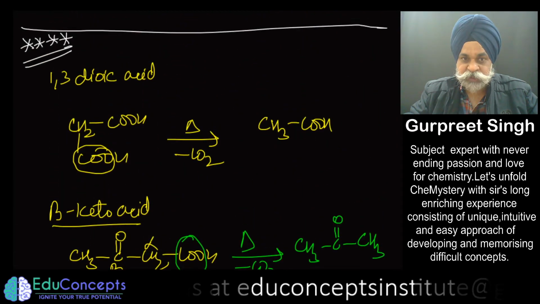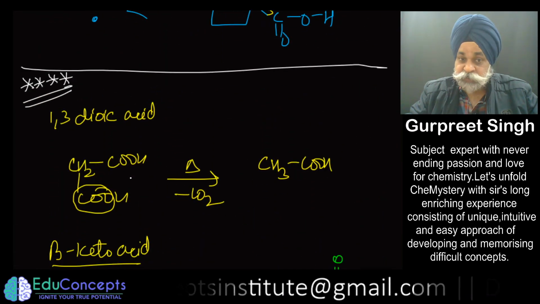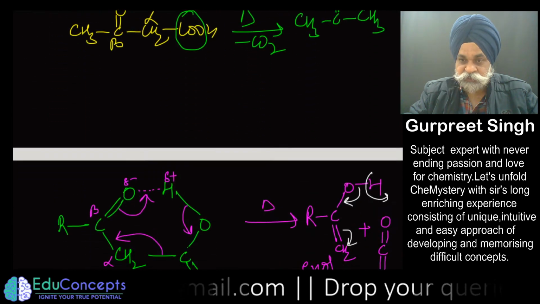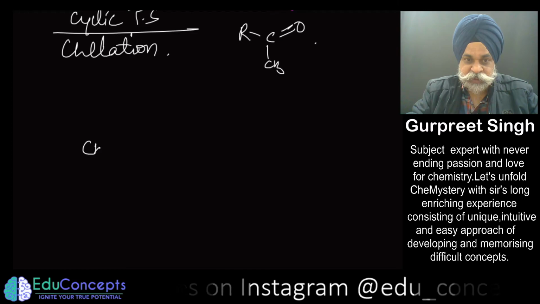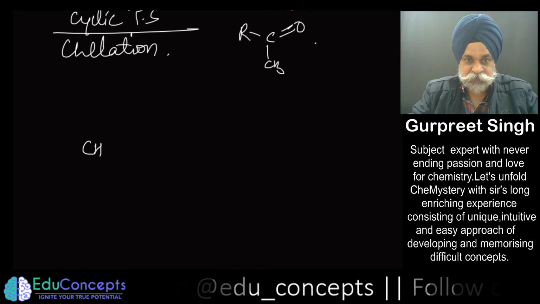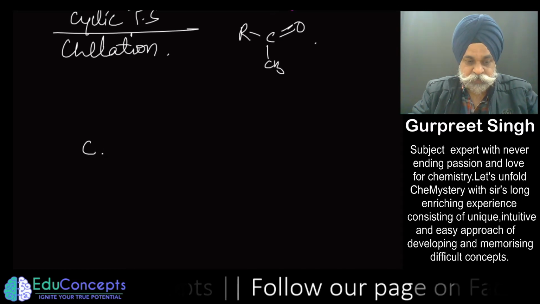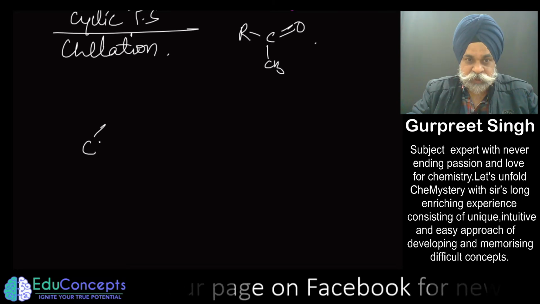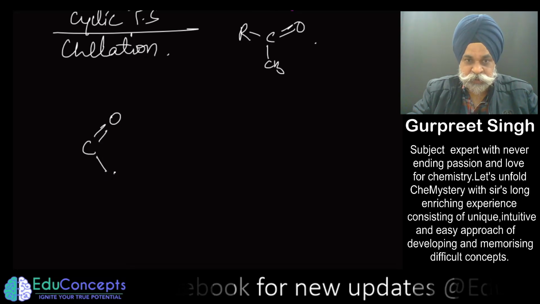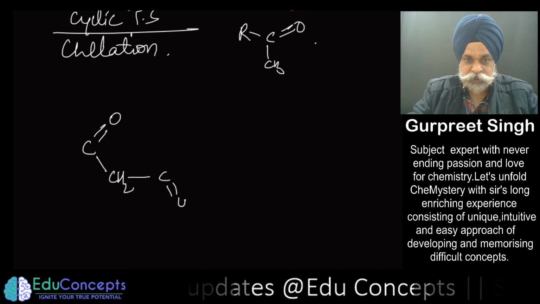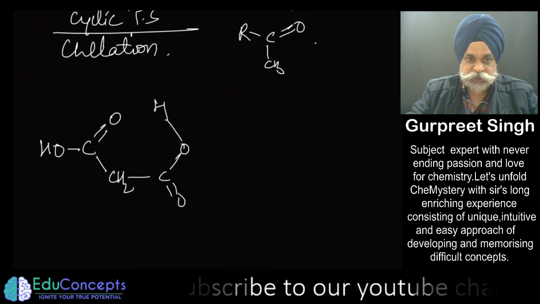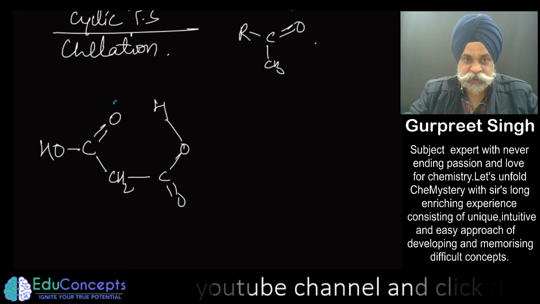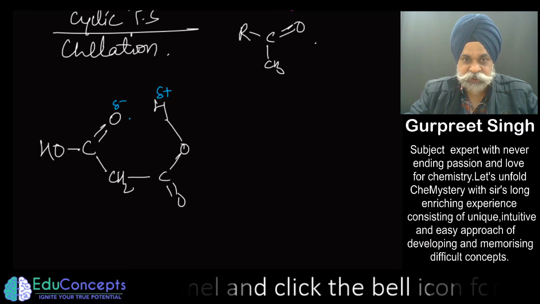Same viewpoint you can apply for this 1,3-dioic acid. In 1,3-dioic acid, what you would see is somewhat like this. So here comes the O, this is CH2, same viewpoint, and here is OH. Again you could see this is delta negative, this is delta positive.